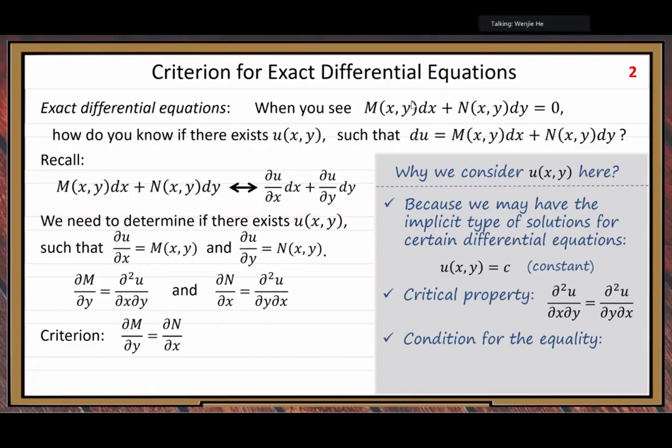Under what condition does this equality hold? When these two mixed partial derivatives are continuous on some disk D. Remember, that's the theorem we learned, Clairaut's theorem. So then we have that criterion.